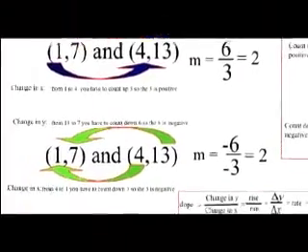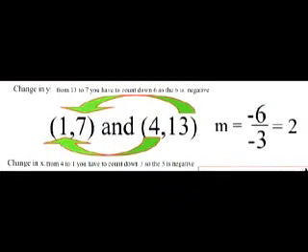So we're going to go from 13 to 7, you have to count down 6, so the 6 is negative. Change in x, from 4 to 1, you have to count down 3, so the 3 is negative. Negative divided by negative, positive. 3 goes into 6, 2. So it's the same.